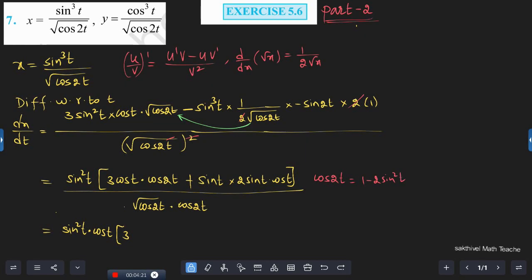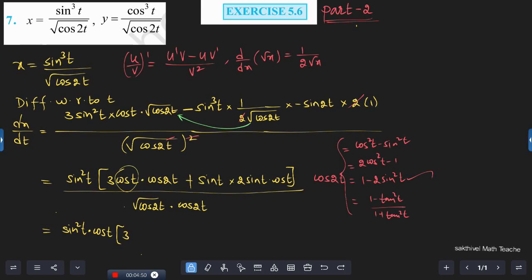If you want, you can use 2 cos square t minus 1 also. Or else, if you want a few more, you can use cos square t minus sine square t. Or else, a few more if you want, you can write 1 minus tan square t divided by 1 plus tan square t. This is all for cos 2t only. Okay. Based on the question you need to use. Now I need this formula, so I am going to use this one. Okay. Right.